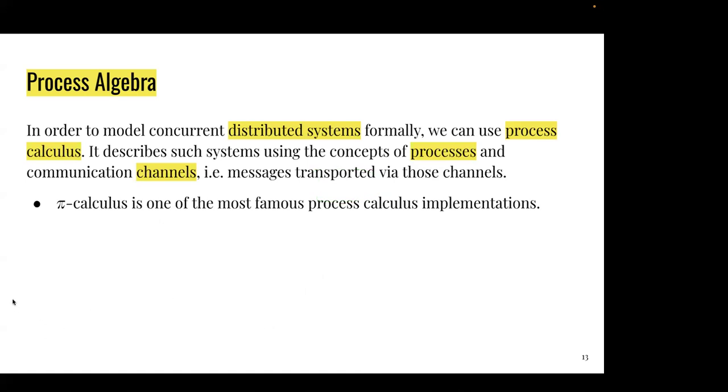Because we said at the beginning that we love formalized systems because we can use different formulas or different functions on them, to model or to change the system, to interact with it. One of the ways of doing that is pi calculus. It's one of the process calculus implementations.